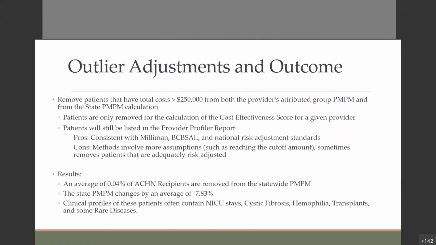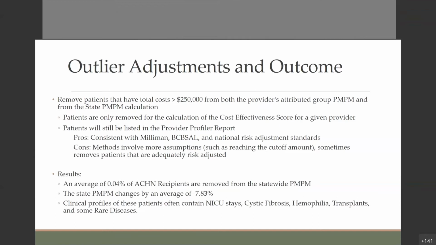So to talk through the outlier adjustments and to start talking about the $250,000 cutoff, the patients that have $250,000 or more in your attributed group will still be in your attributed group, but just be removed from the PMPM calculations.